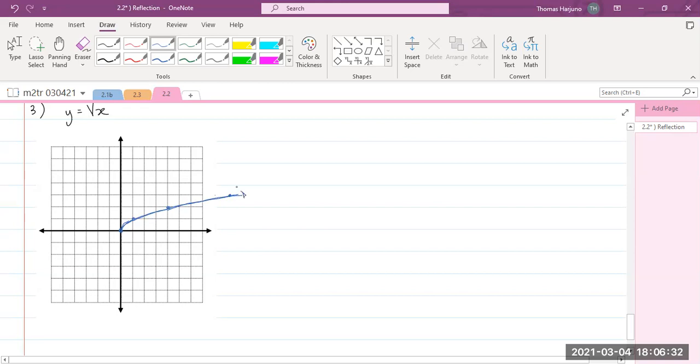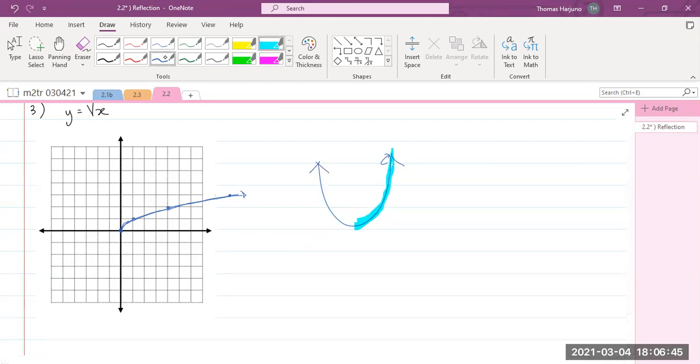Okay, so that's only one of two hands of x squared, like this, right? You only get the right hand, and then you reflect that with respect to the line x equals y, such that the reflection becomes like this.